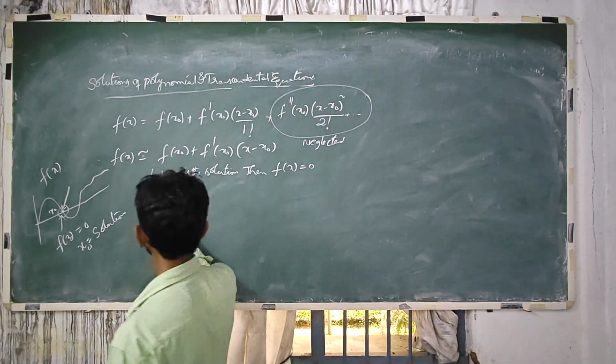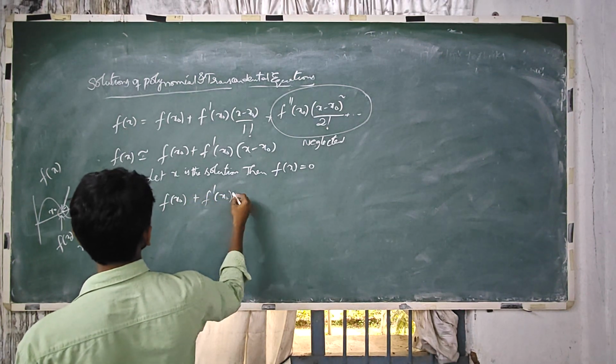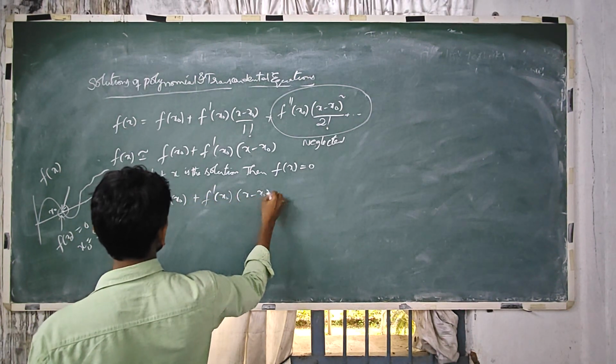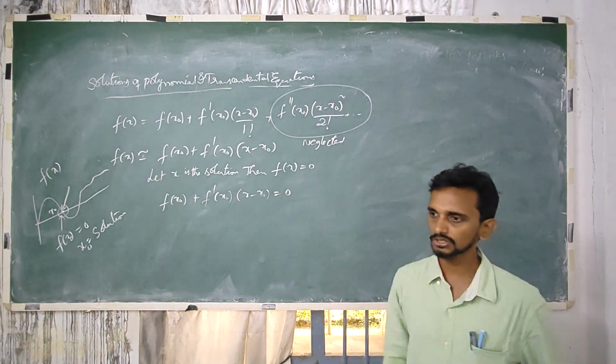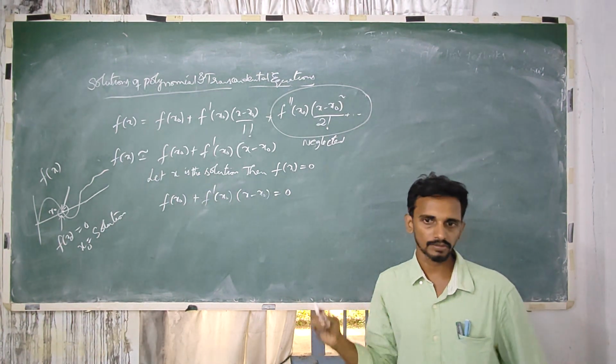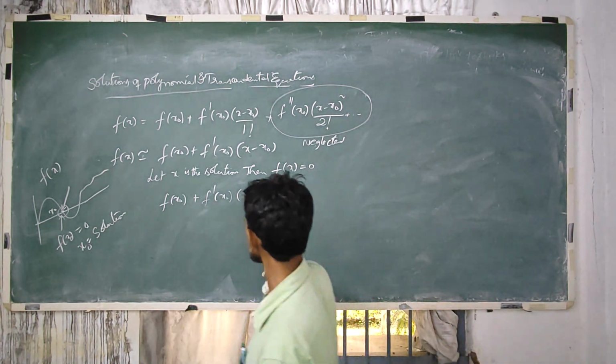So what happens to that equation? f(x0) + f'(x0)(x - x0) = 0. Here x0 is a point I am considering. x0 is under user control and x is unknown.